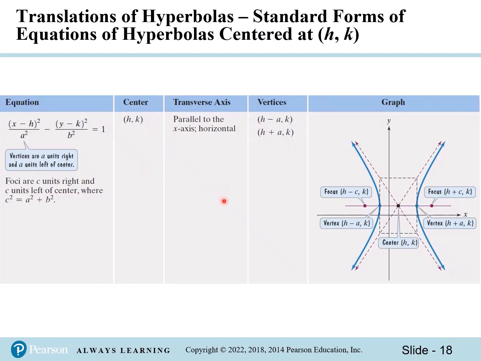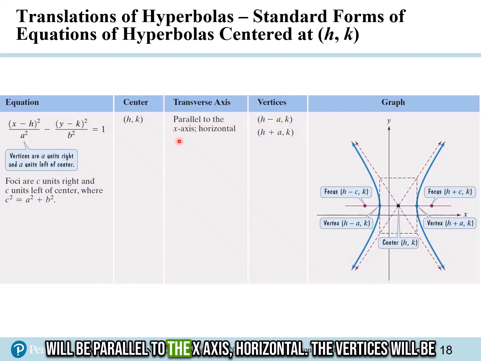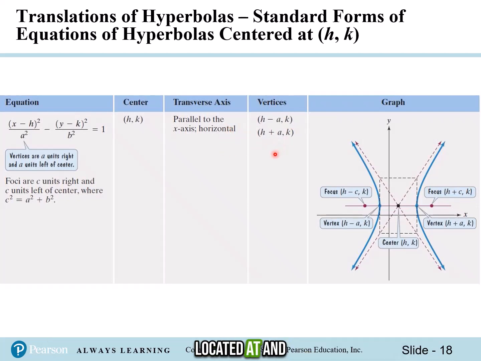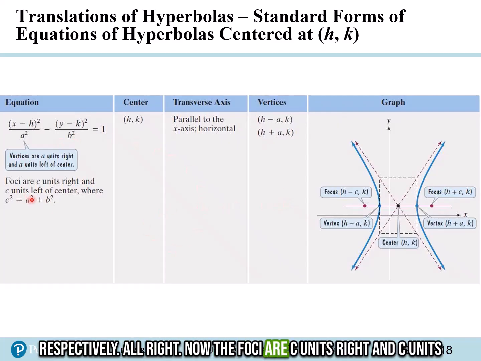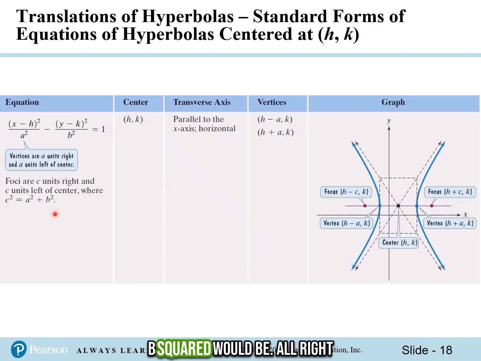In this translated graph, the center will be at h comma k and the transverse axis will be parallel to the x-axis, horizontal. The vertices will be located at h minus a comma k and h plus a comma k respectively. Now the foci are c units right and c units left of the center where c squared equals a squared plus b squared.